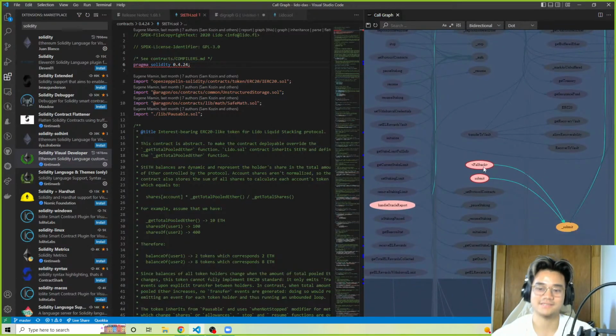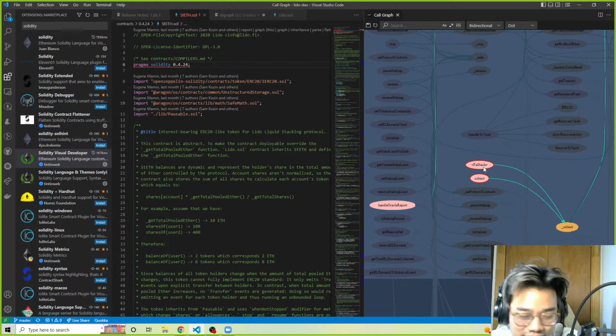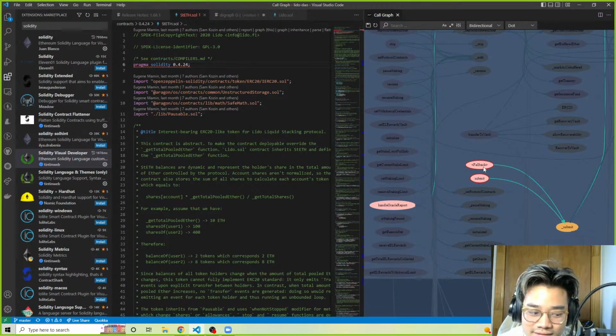A fallback is just, let's say you call the Lido contract with a function that doesn't exist on the contract. It checks the function signature, and the function signature doesn't exist on the contract, so it looks for the fallback. It's like, okay, last resort, what do I do with this data?